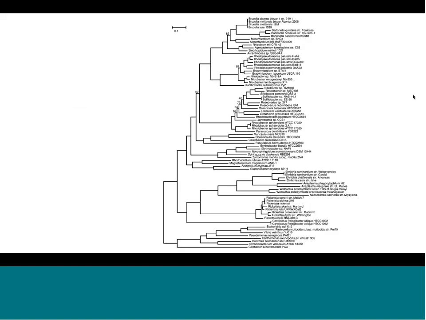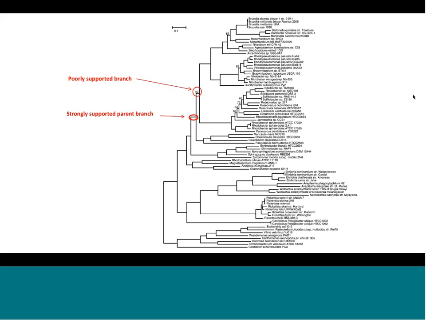So I'm just going to show you what it looks like. Here's a tree. This is actually from the Rhizobiales, an order of bacteria. So here's a poorly supported branch. And you can see that the next branch down is strongly supported.